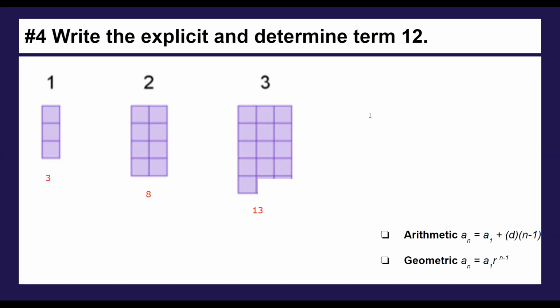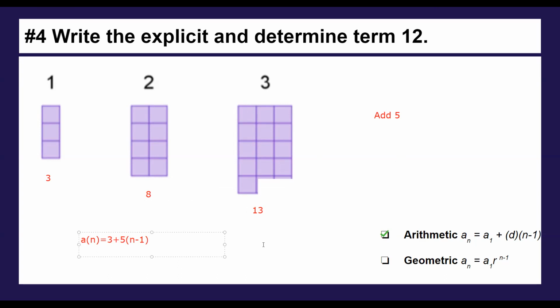So it looks like we're adding 5 each time. So I have an arithmetic sequence again. Well, let's write the explicit formula. a of n equals, the first term is 3, plus the common difference is 5 times n minus 1.